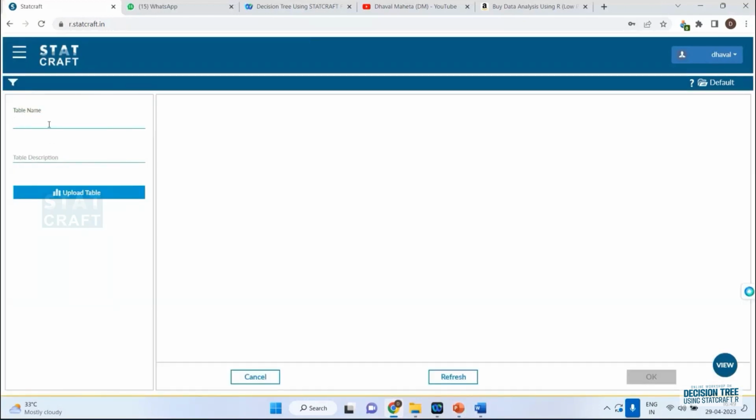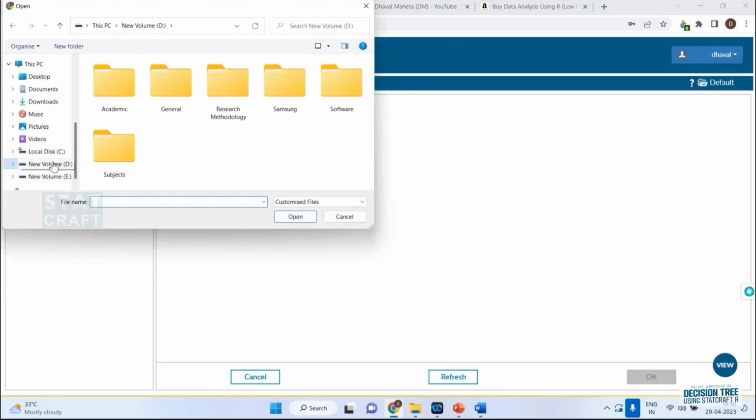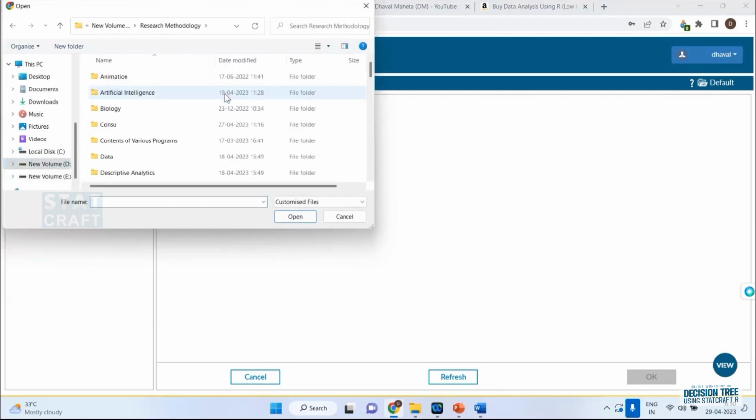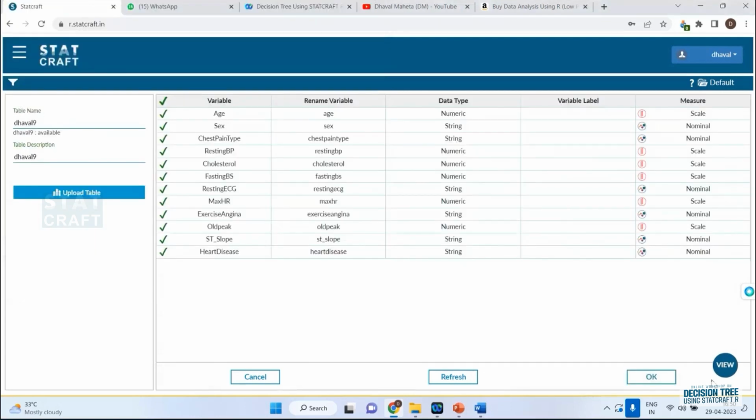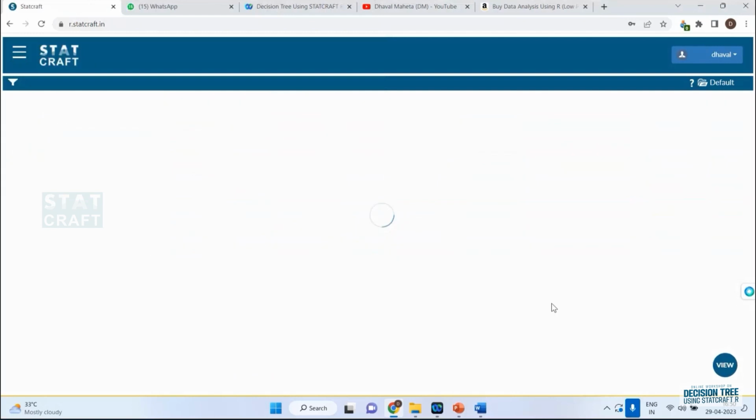I'll write down the name; you can write a unique name. Upload the table. I'm using the data set HART1. Open, click OK.